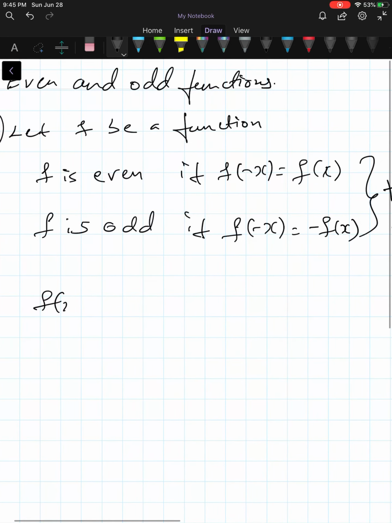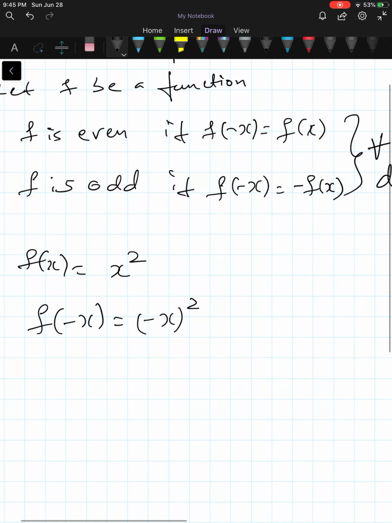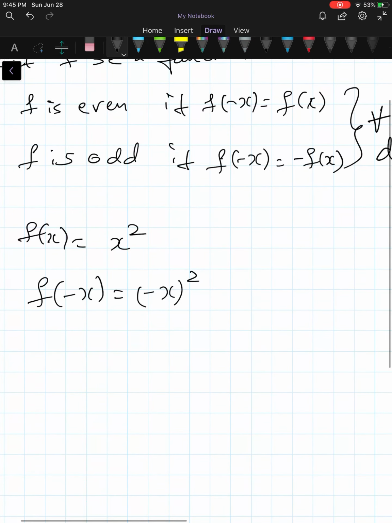So for example, if we consider f of x is equal to x square, if I replace x by negative x, so f of negative x would be negative x the whole square, because you are raising the negative sign to an even power, so you get x square itself.